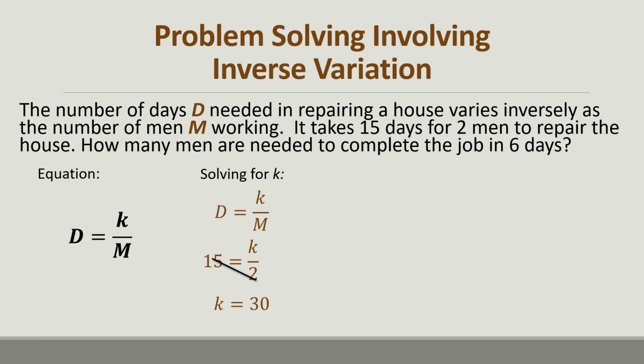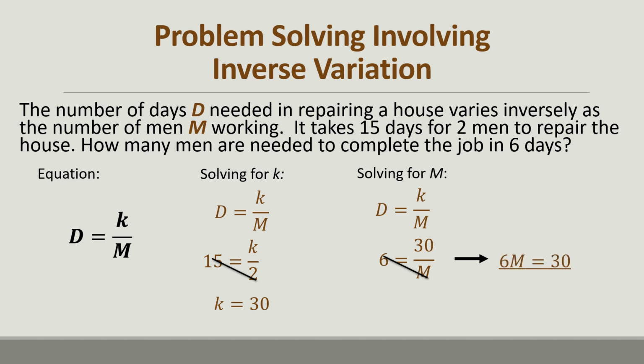Now that we have 30, we can now proceed with solving for what is really asked in the problem, and that's the number of men needed to complete the job in 6 days. So solving for M, we write the equation once again, D equals K over M, and then we substitute for D we have 6 and for K we have 30. Okay, and then we do cross multiplication. 6 times M is 6M.